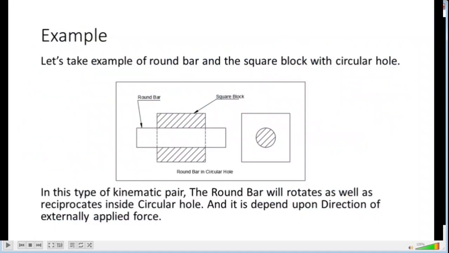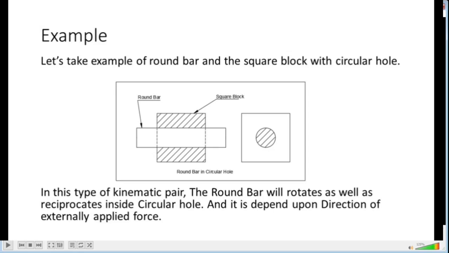Let us take an example of a round bar which is placed inside the square block with a circular hole. So this round bar is free to have a rotary motion as well as a reciprocating motion, right? And the type of motion of the round bar will depend upon the direction of the force applied.